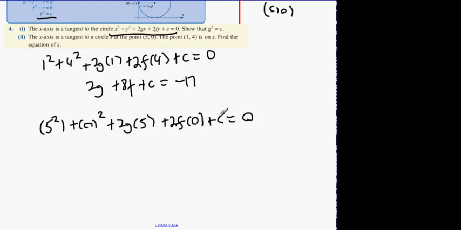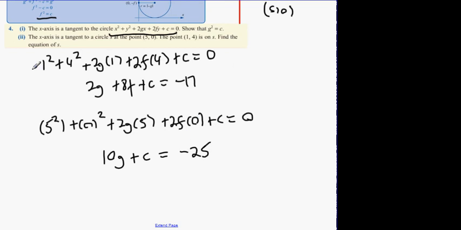Then we get 10g plus c equals minus 25. Remember, 3 variables always require 3 equations.